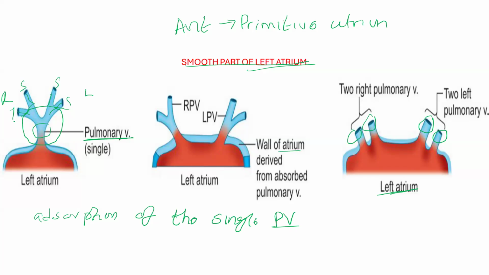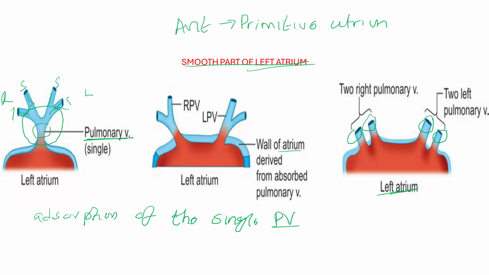Initially, the four pulmonary veins would drain into a common vein, which was known as the single pulmonary vein, which would now drain to the left atrium. But what happened during development, that single pulmonary vein, that common channel to which the four pulmonary veins were draining to. Now I'm confusing myself. Let me repeat that.